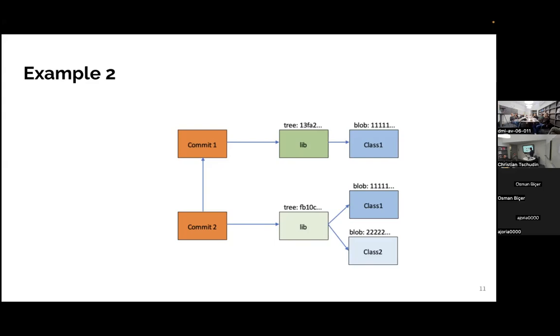But as you see here, we have the same blob for this tree. But why is this tree not the same as this tree? Yeah, it also has the other class. Yeah, so it has 2 objects in the tree. Yeah, and because the content is changing, its SHA-1 hash will change, then it means that we need another tree.